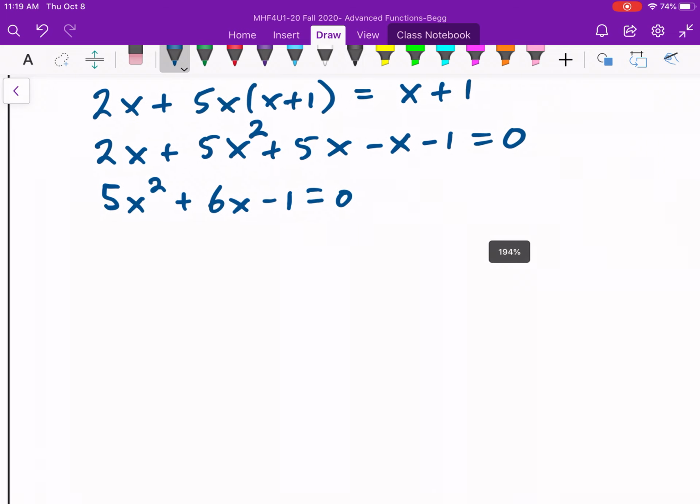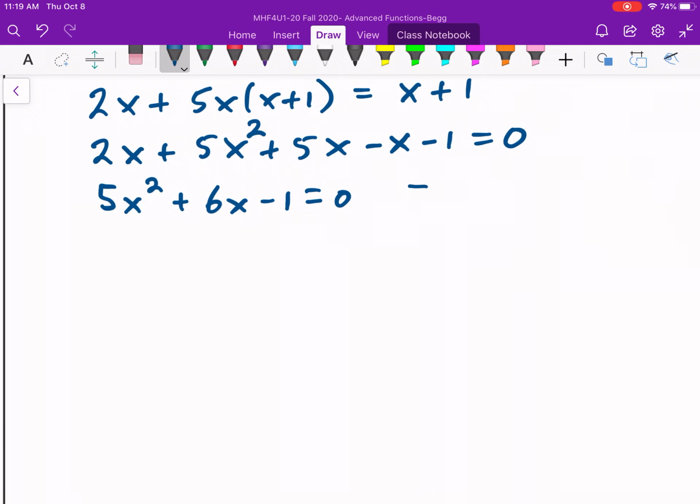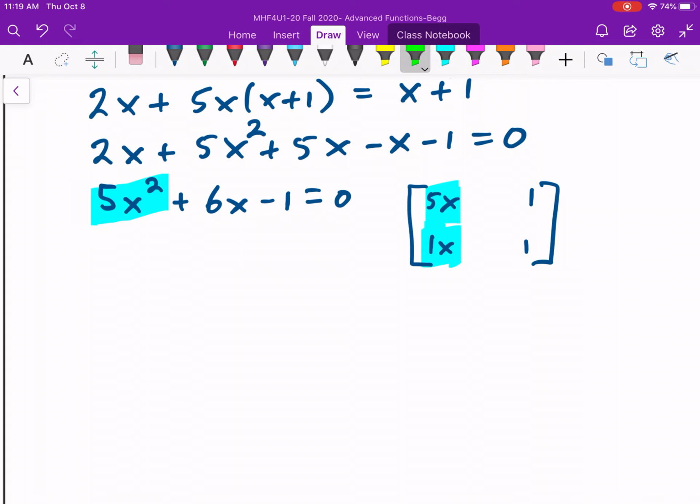So if I was to try trial and error on this one, I set up this little box, which you may have seen before, and I get the factors of 5x squared. Let's go with different colors. I get the factors of 5x squared here. I get the factors of 1 here. 1 times 1 gives me 1.